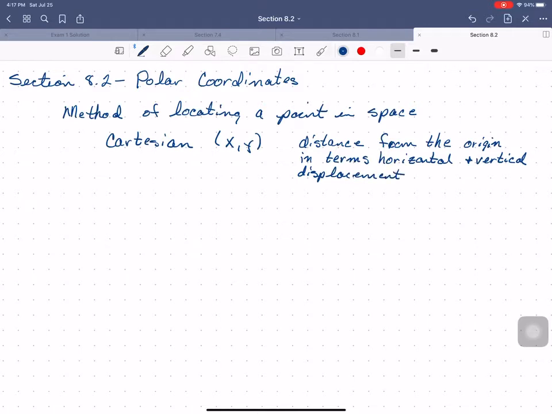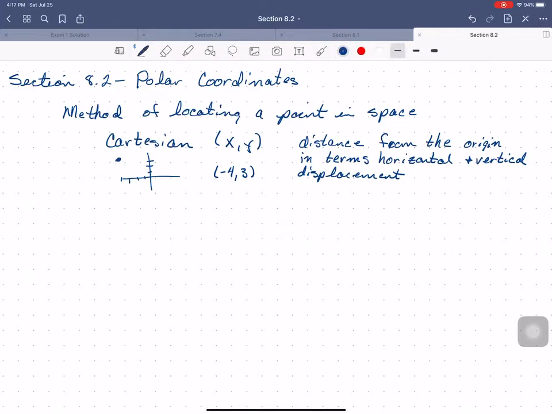So for example, we know that the point -4, 3 can be located in space very simply, right? -4 and 1, 2, 3, right there. Yes? Okay.